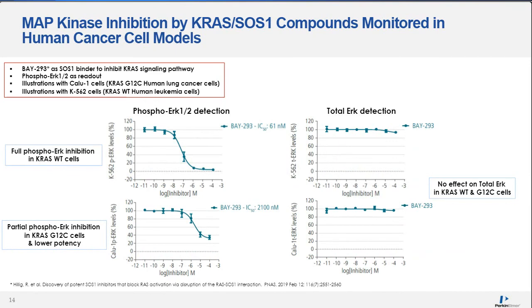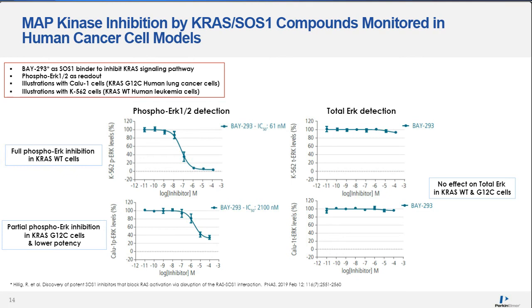The PerkinElmer's phospho/total cell-based assays portfolio also provides solutions for fine-tuned characterizations of SOS1 binders in a KRAS downstream signaling cellular context. Here, we have a good demonstration of the kind of results provided.